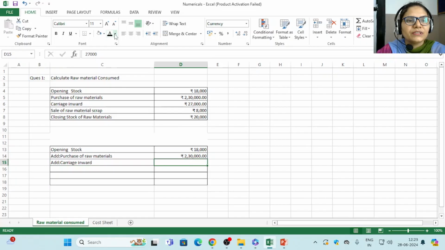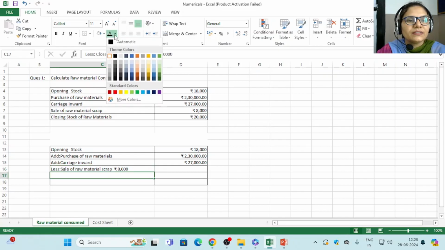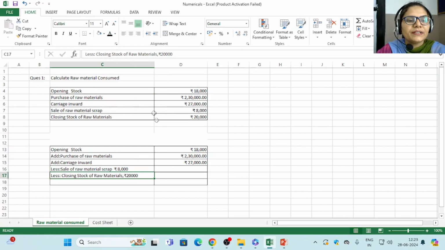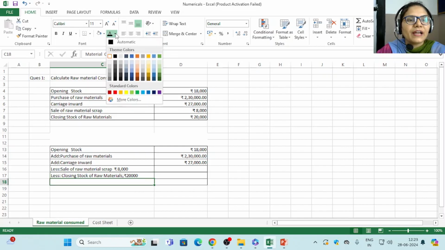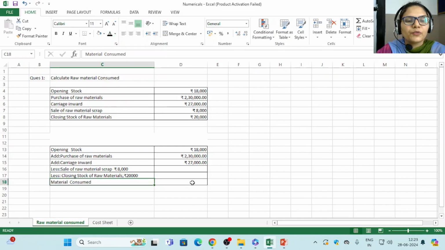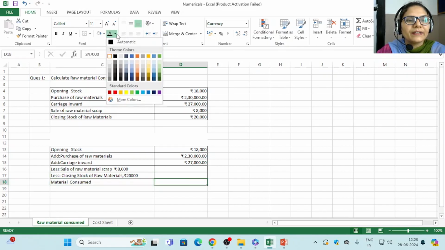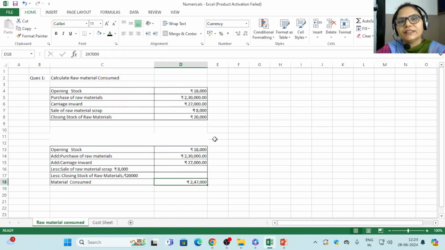The carriage inward value is given here as 27,000. Then we will deduct sale of raw material, rupees 8,000. Then we will deduct closing stock of raw material, rupees 20,000, and finally we will arrive at the value of material consumed, that is rupees 2,47,000.